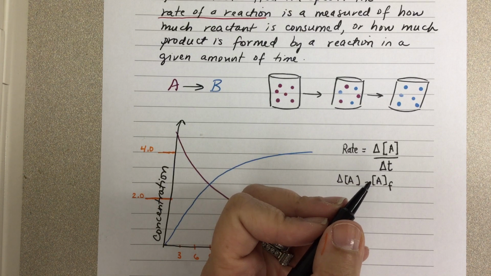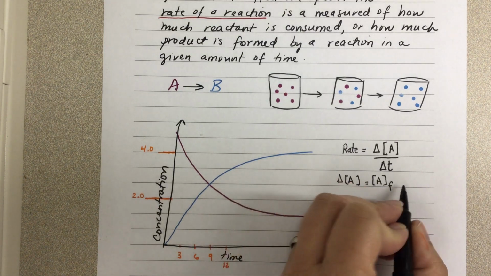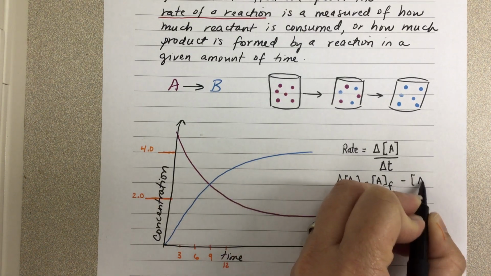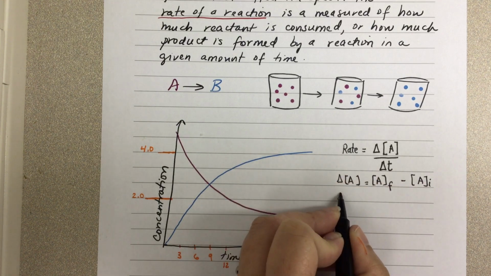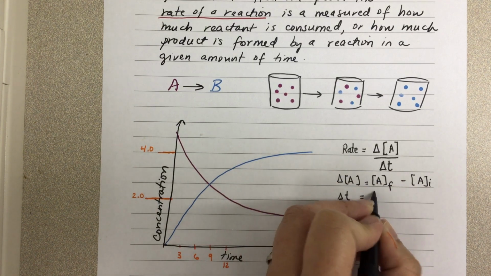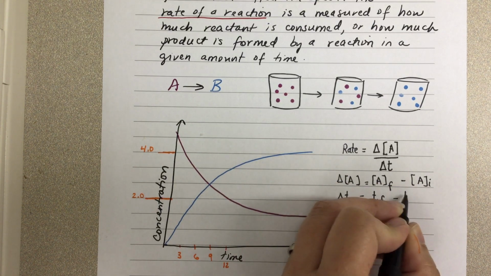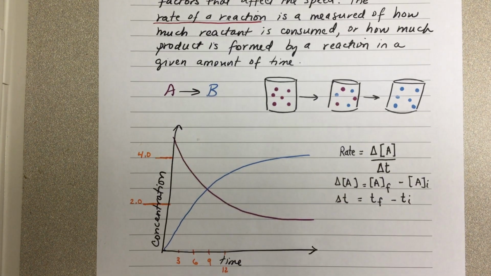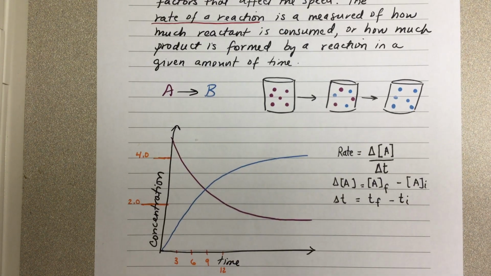And when you're calculating a difference, that's always final minus initial, and the same thing applies with your time. Final time minus an initial time, and all of those numbers are relative. You can select at what time you want to determine the concentration. Okay? You can choose that one as your initial and then another time for your final.